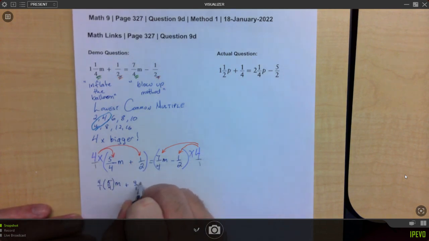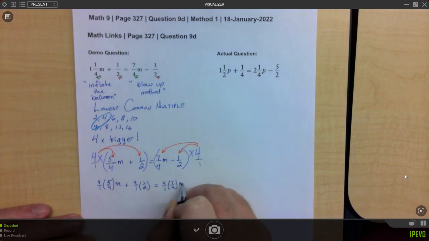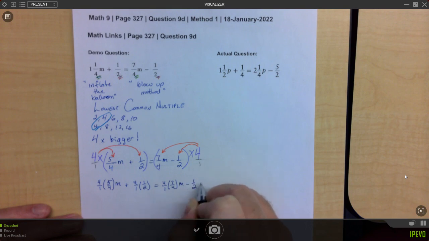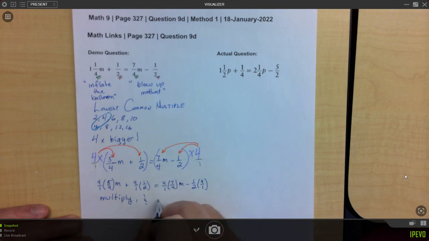So 4 over 1 times 5 over 4m, plus 4 over 1 times 1/2, is equal to 4 over 1 times 7 over 4m, minus 1/2 times 4 over 1. So now you just get to multiply and simplify. Multiply and simplify.